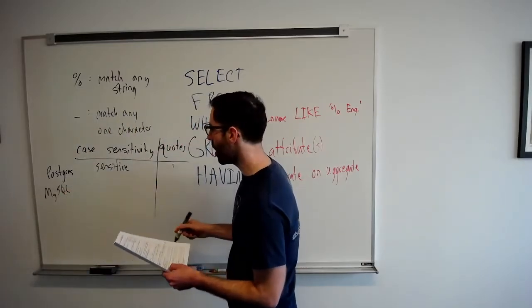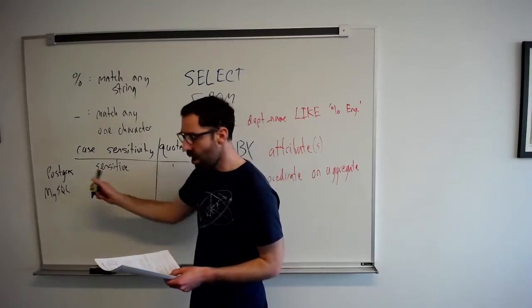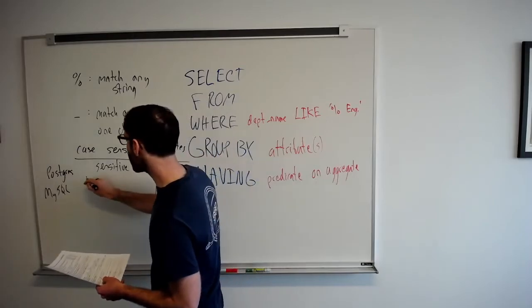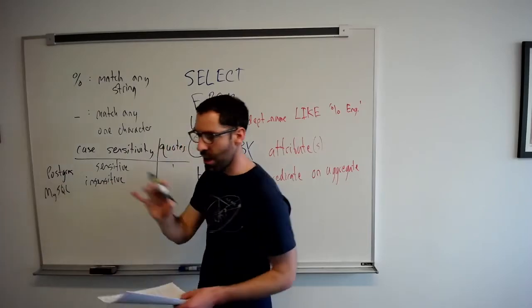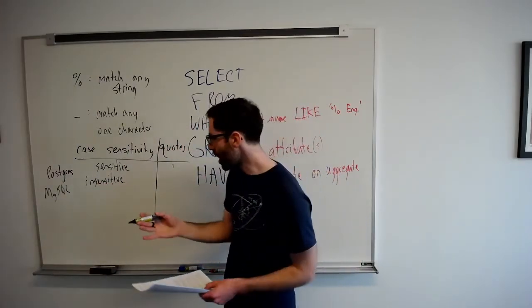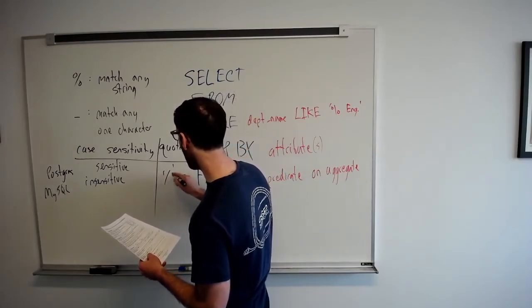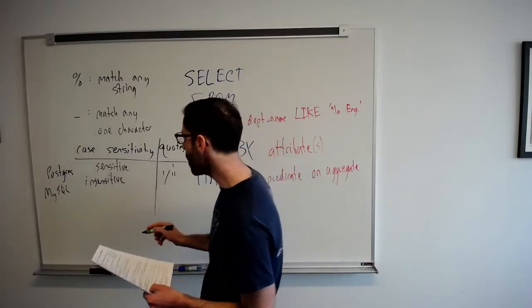Postgres and MySQL are two open source, free database systems. MySQL is the weird one. It's case insensitive, so it does not differentiate strings by lower and upper case, which is a bit weird, and it allows single or double quotes to be used with strings.